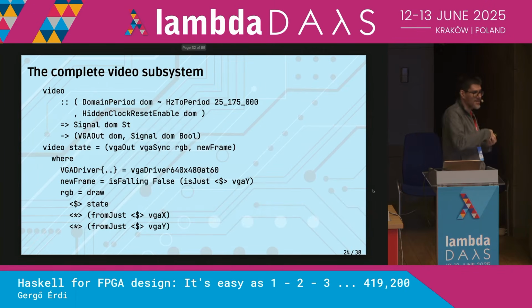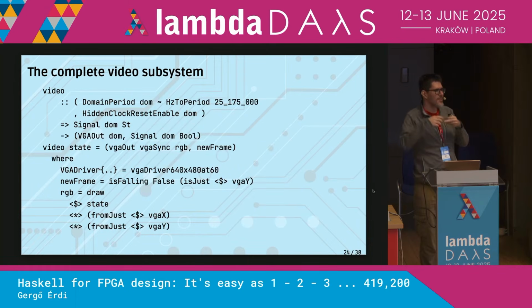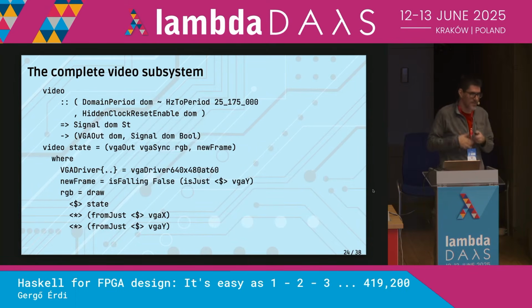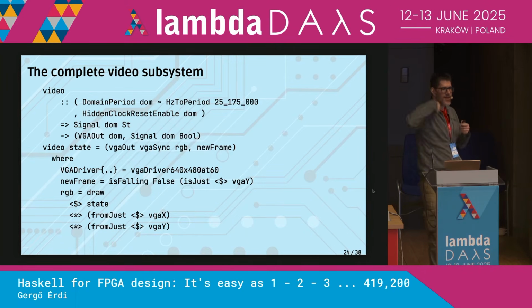And where does that color come from? Well, it comes from applying some draw function, which we haven't written yet, on the current state and the currently scanned coordinate. And how do we know if it's a new frame? How do we know that we want to update the state?